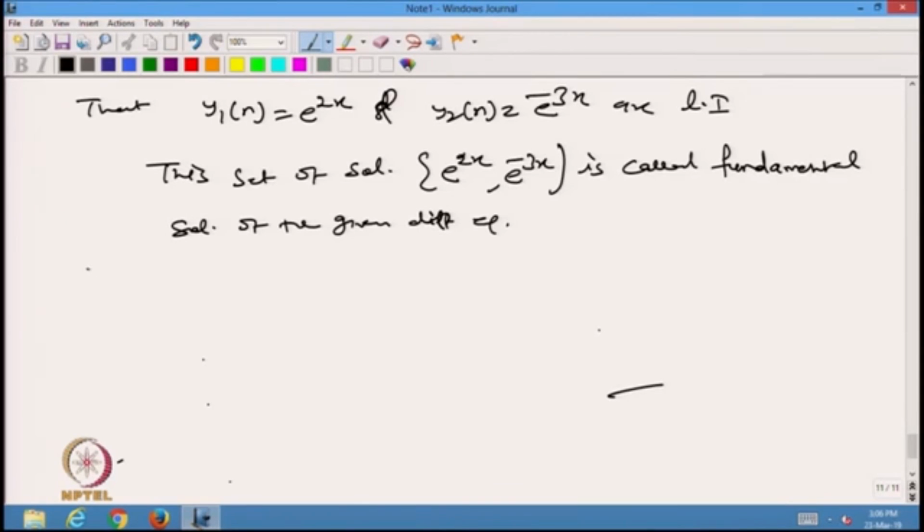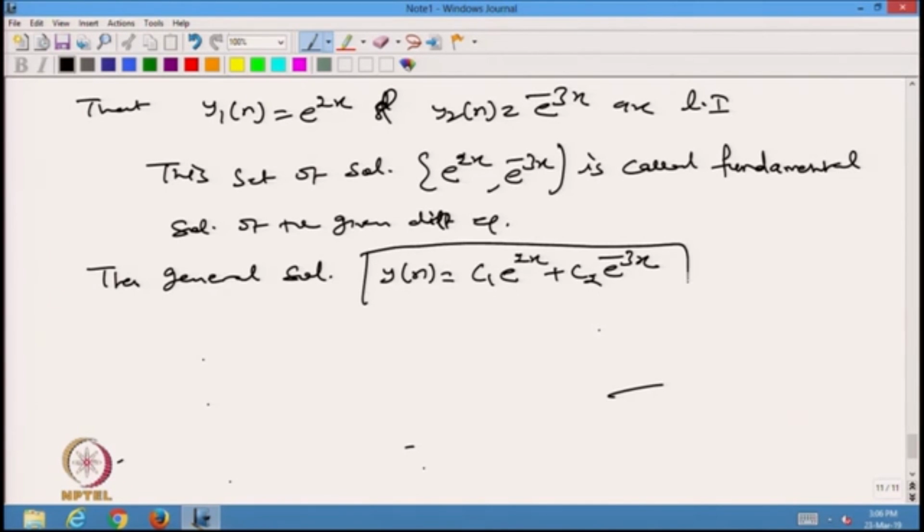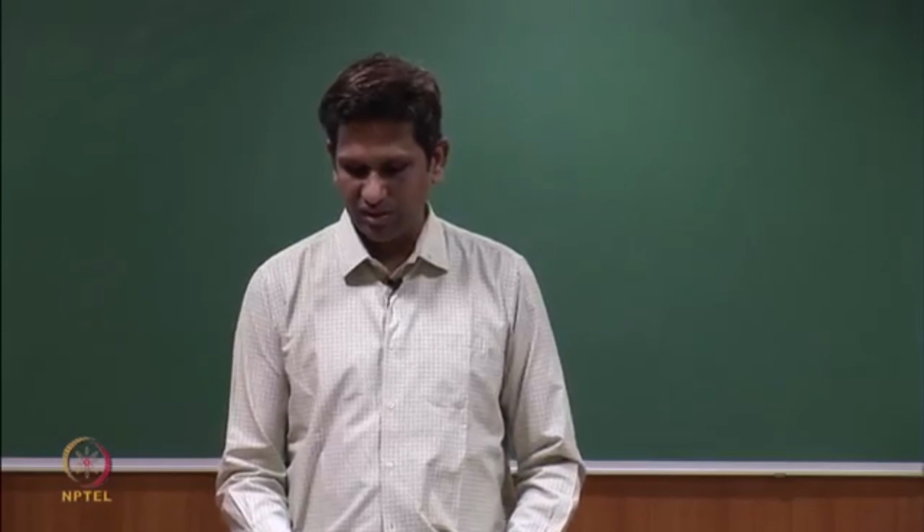So, in that case I can write the general solution: y(x) = c1 e^(2x) + c2 e^(-3x). This is my general solution for the given differential equation, and this is a second order equation, so it should contain two arbitrary constants, c1 and c2.